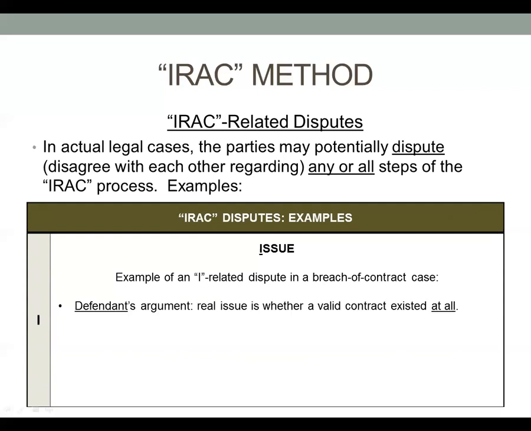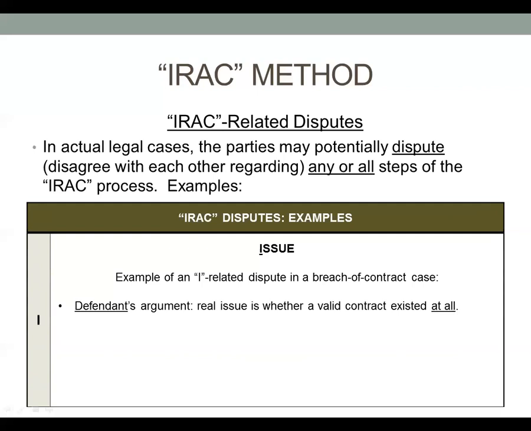Well, if you are a defendant being sued and you're accused of not complying with the terms of a contract, it may be possible as the defendant that you dispute whether there was a valid contract to begin with. Because if there was no valid contract, there was nothing to breach.